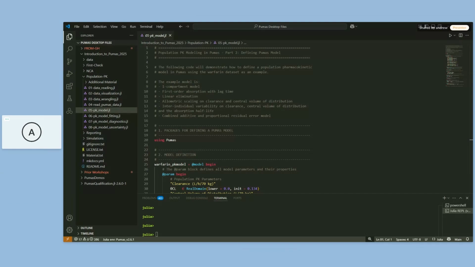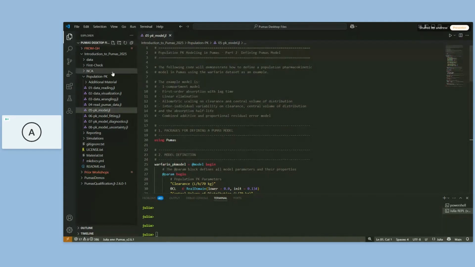So let me jump and share my screen at this point. All right. So at this point, everybody should be able to see the same VS Code space that we've grown to know and love over the past 2 days.